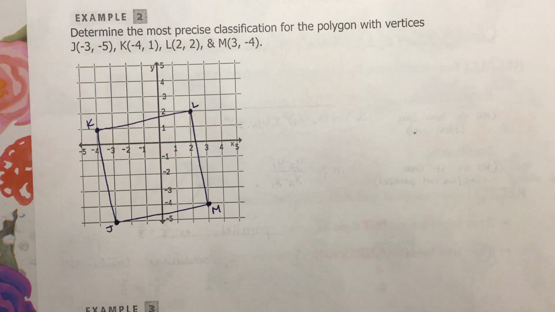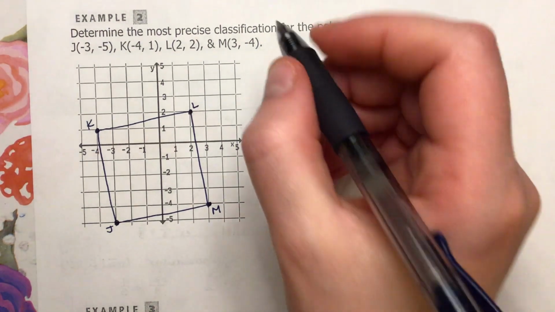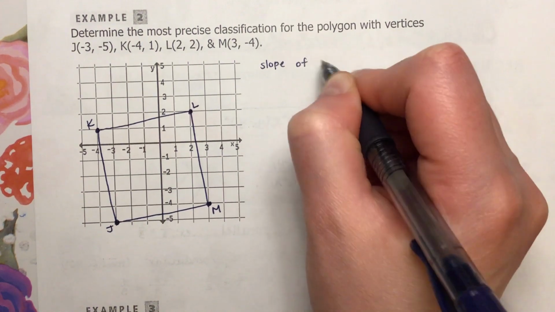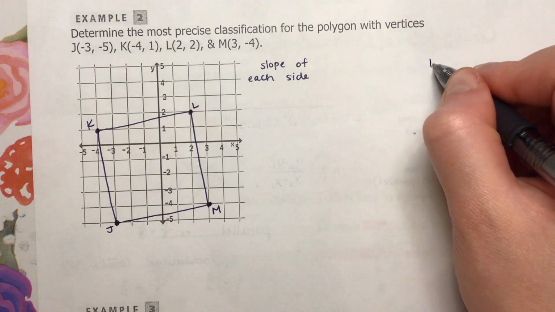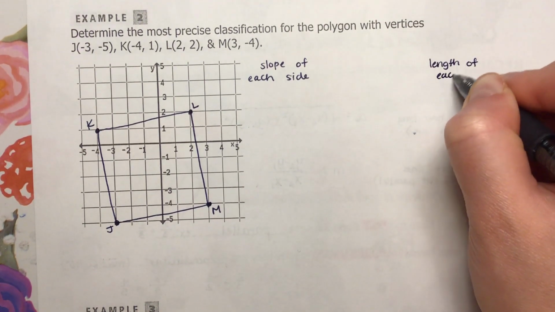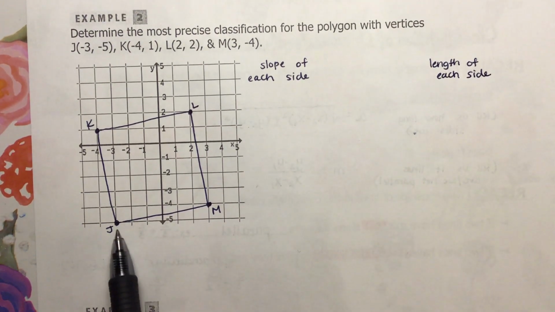Now what we're going to try to figure out is the slope of each side and the distance of each side. So I'm going to say slope of each side, and then I'm going to say length of each side. That's what we're trying to figure out. So let's just start at JK.